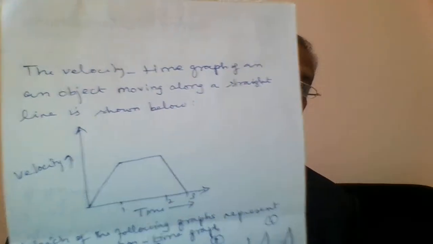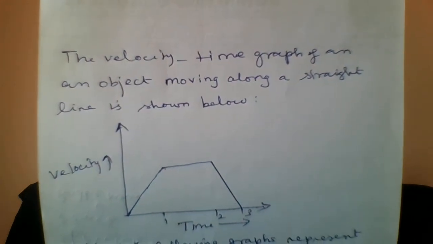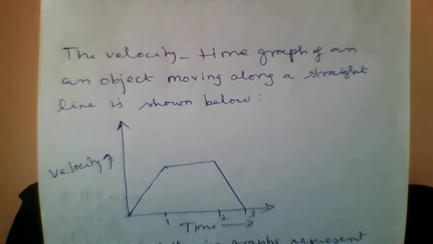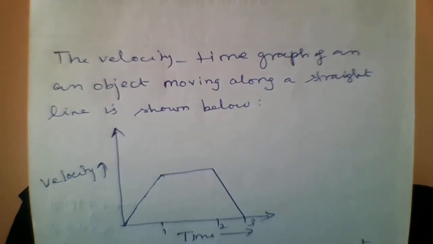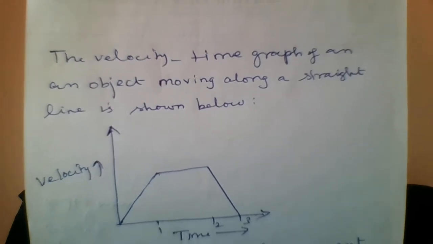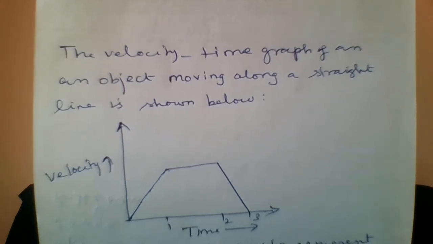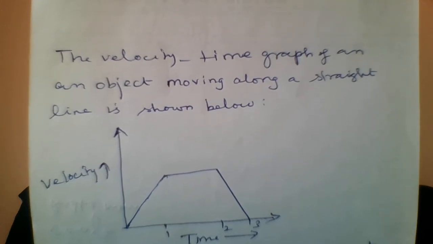In this, you can see they have given the velocity time graph of a body. Initially the velocity increases from 0. After some time, the velocity is constant. From 0 to 1, the velocity increases.